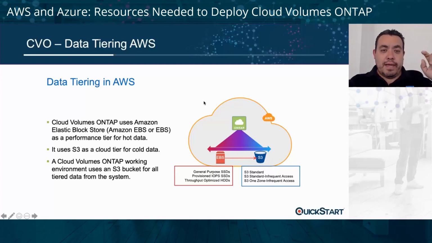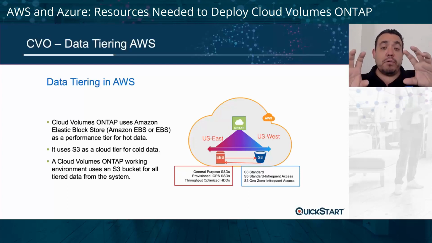But if my EBS is in, let's say, US East, and my bucket is in US West, then on the way out and on the way back, if the users want to retrieve any file from that S3 bucket, you have to pay for the actual data transfer, because your bucket and your CVO are in two different regions.